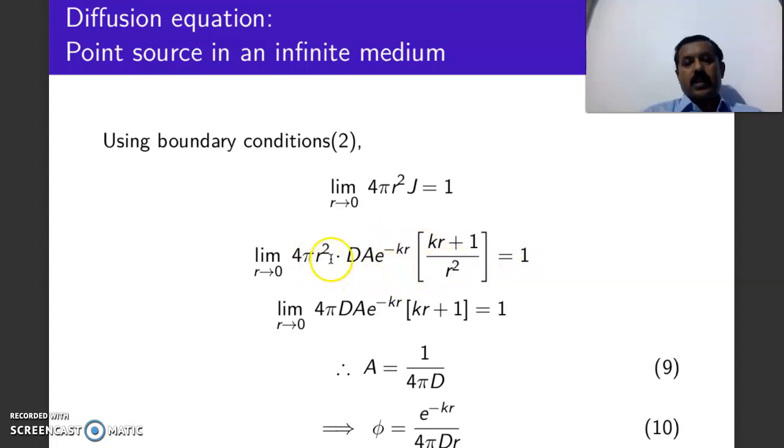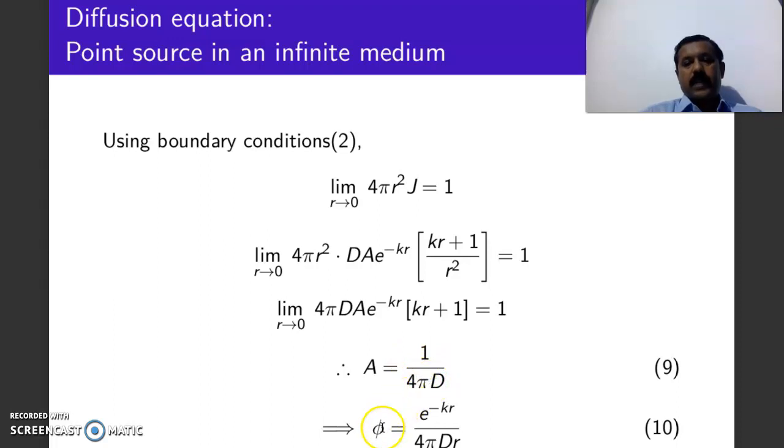This r squared and r squared cancel out. Then limit r tending to 0, 4 pi DA e to the power of minus kr into (kr plus 1) will be equal to 1. Now if you put r is equal to 0 here, then e to the power of 0 is 1, and this term becomes 0. Therefore, 4 pi DA will be equal to 1, or in other words, A will be equal to 1 by 4 pi D.